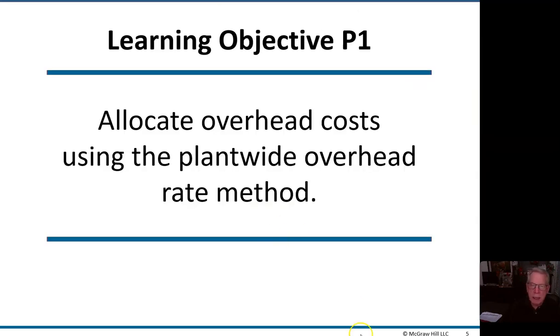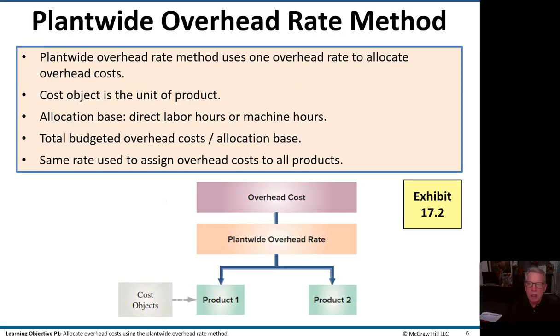All right. Now, we'll allocate overhead costs using the plant-wide overhead rate method. This is by far the most common in manufacturing companies. And the reason is it's simple and it's inexpensive to do. So the plant-wide overhead rate uses one overhead rate to allocate the overhead costs. The cost object is the unit of production, unit of product.